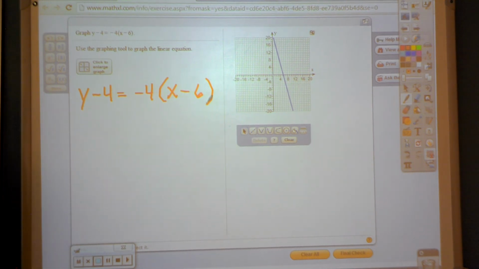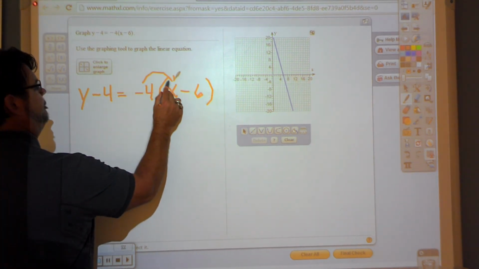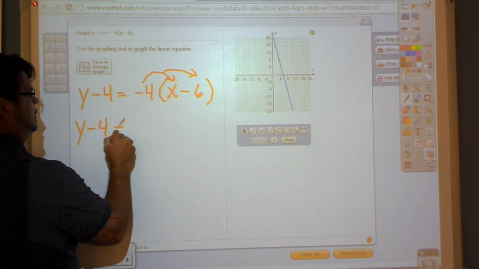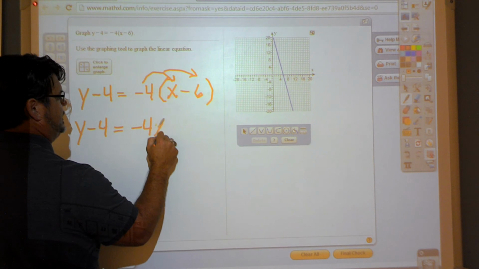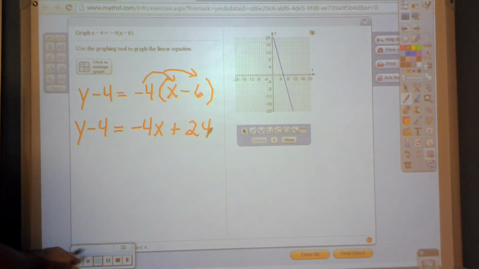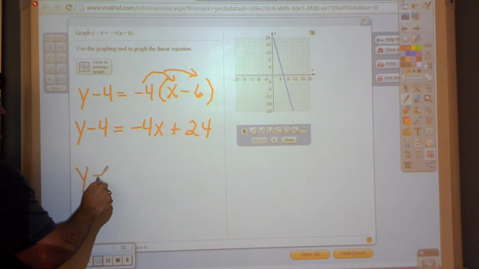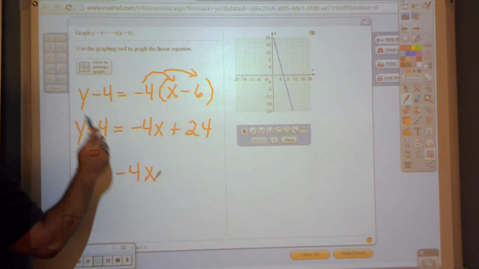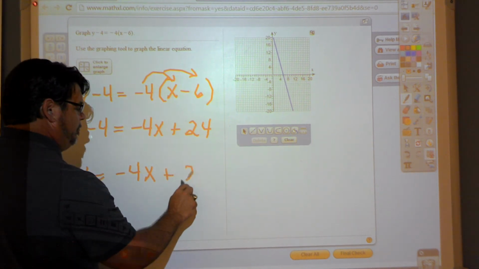So distribute the what? Negative 4. And that gives you y minus 4 is equal to negative 4x plus 24. Y is equal to negative 4x, what's 24 plus 4? 28.